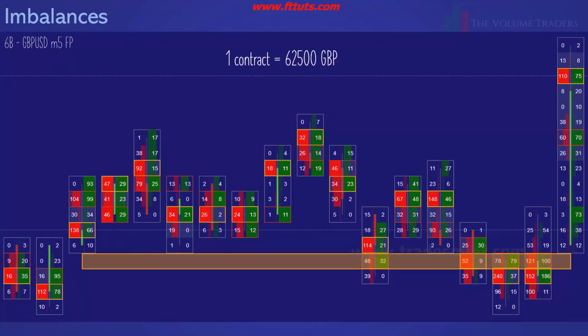So in the example here, we have 0 on the bid and 23 on the ask. So the math is simple, yeah. 23 times 62,500, so it means almost £1.5 million of buy pressure appears at this price level.